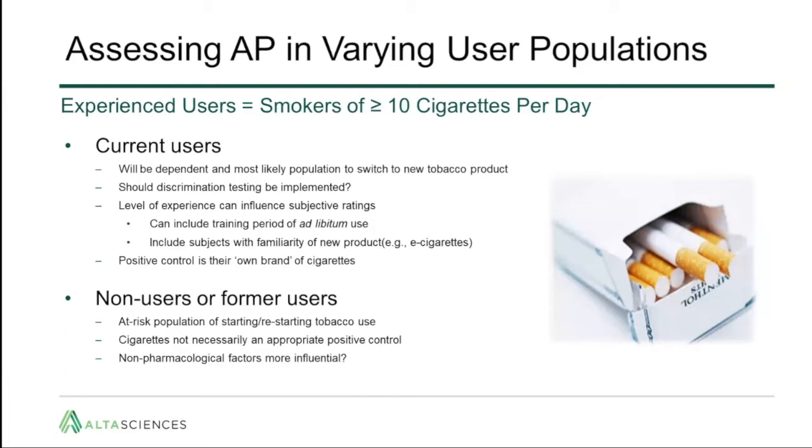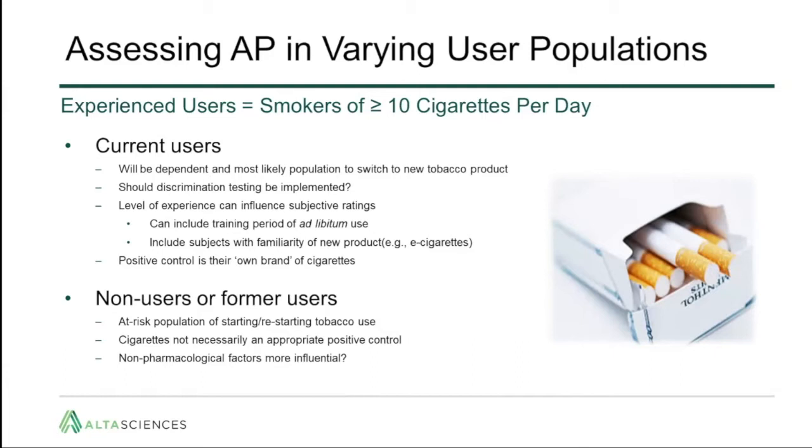The level of experience can influence the subjective rating. So a light user may have a very different outlook and experience of a product than somebody who has a very heavy habitual use of cigarettes. So being able to balance the population for appropriate responding and determining what the product is intended for and who to target in your clinical trial is very important.